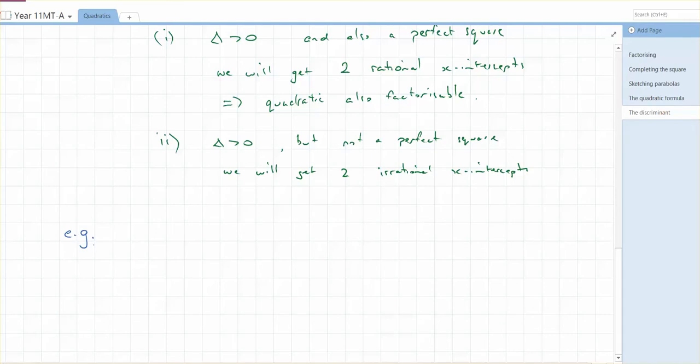So example 1 is: calculate the discriminant and find the number of solutions or x-intercepts, or roots is another word for this.